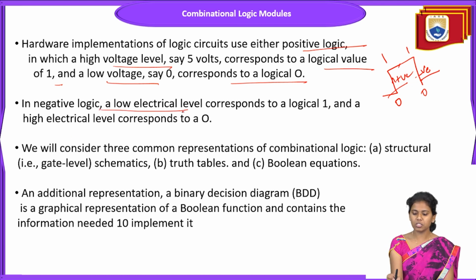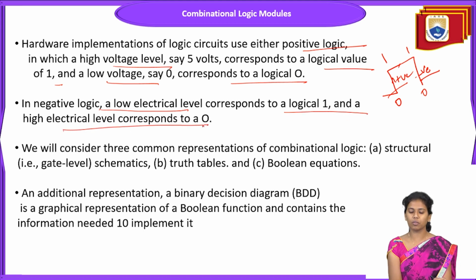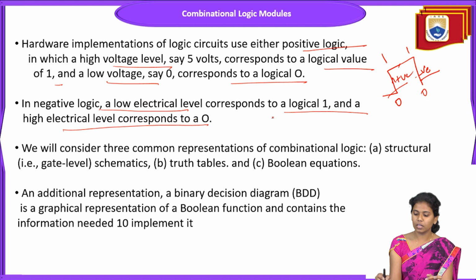In negative logic, a low electrical level corresponds to 1 and a high electrical level corresponds to 0. So here in negative logic, it is a bit of a contrast. The 1 is for the low electrical level, whereas 0 is for the high electrical level.